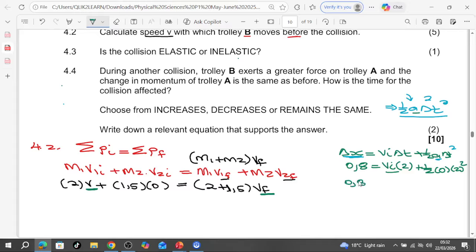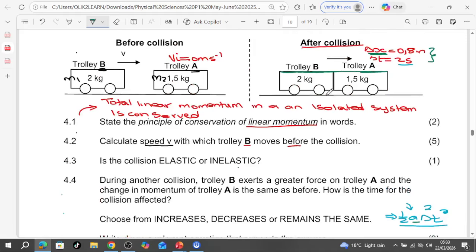I'll have 0.8 equated to v initial multiplied by 2. Divide both sides by 2. Therefore, I have my v initial equal to 0.8 divided by 2, which gives me 0.4 meters per second. This v initial is the velocity after collision.